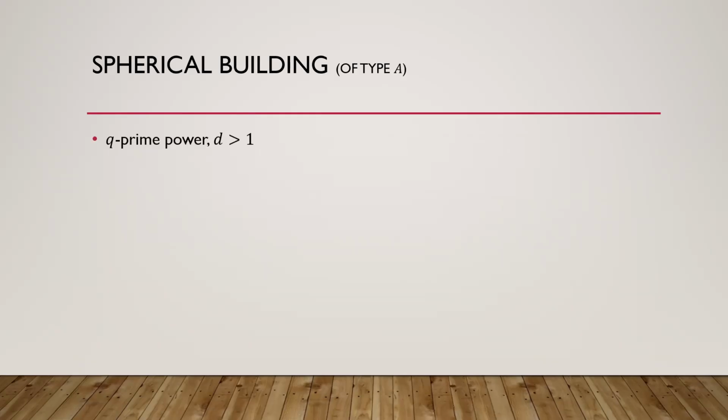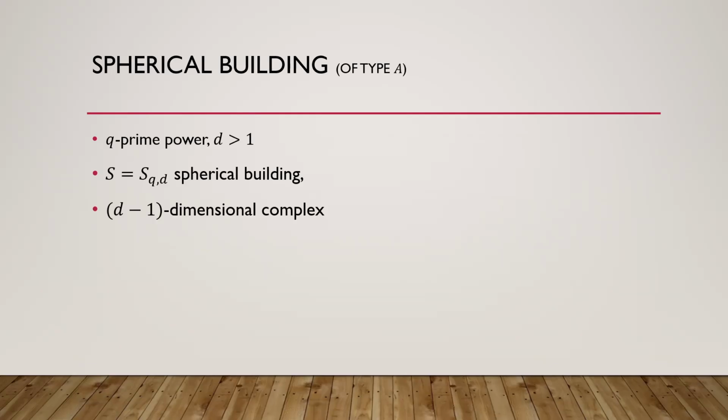So a spherical building is defined using two parameters, q, which is some prime power, and d, which is some integer greater than 1. And we'll denote them S, or S_{q,d} when we need to emphasize the parameters. And these will be (d minus 1)-dimensional complexes that we'll define like this. So the vertices are going to be linear subspaces.